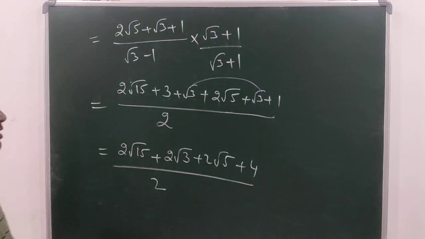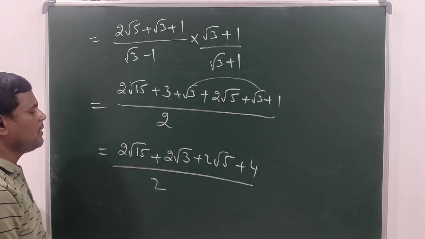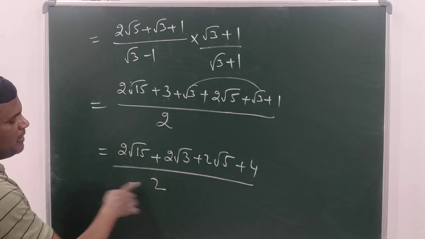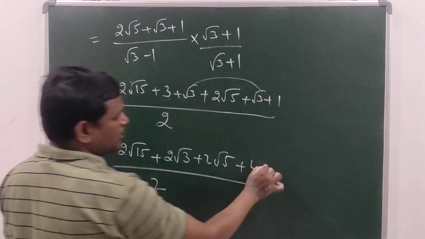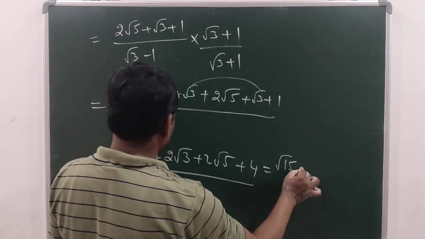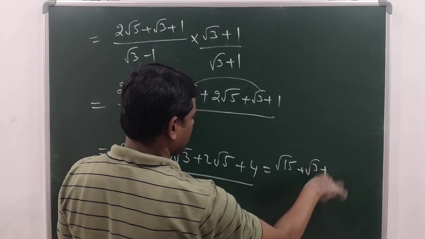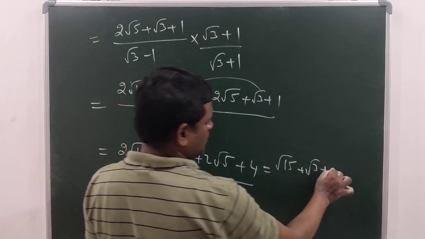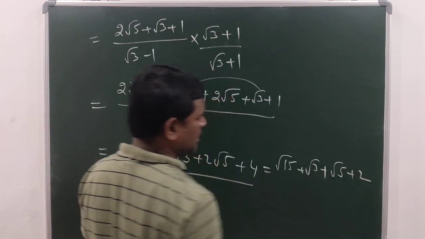Now divide with 2, what do you get? Root 6 plus root 3 plus root 2 plus 2 you will get.